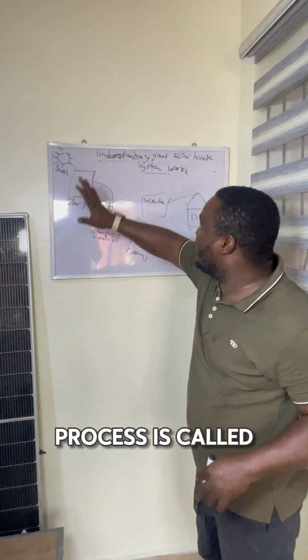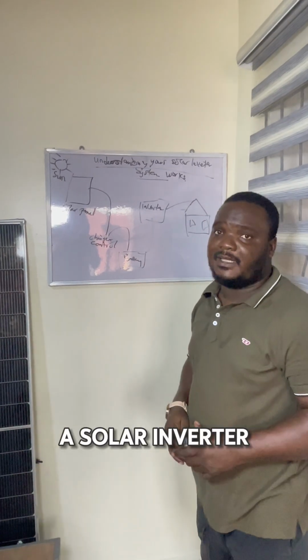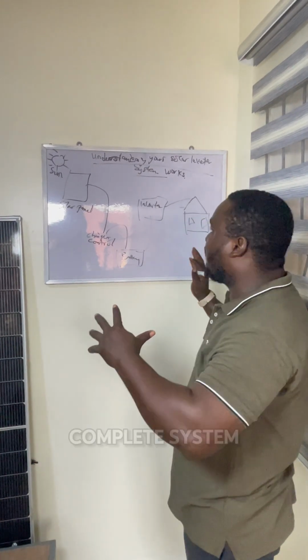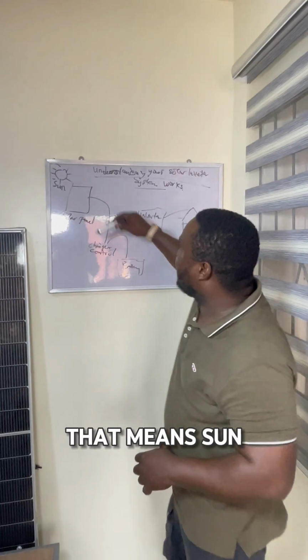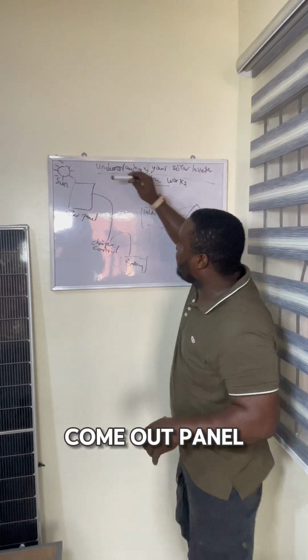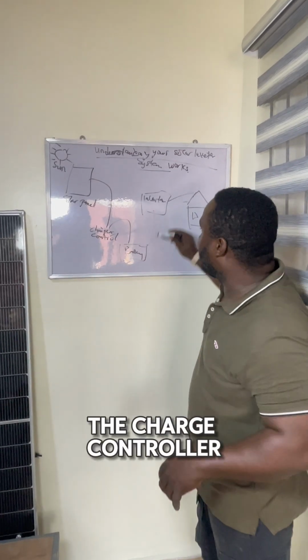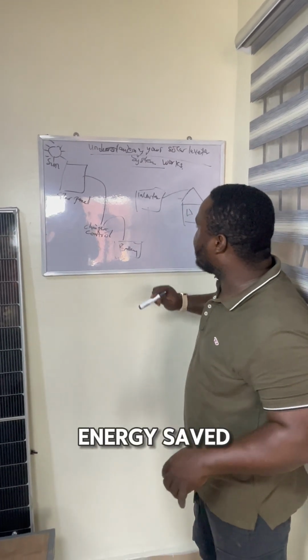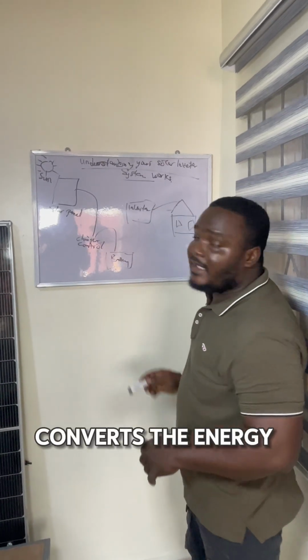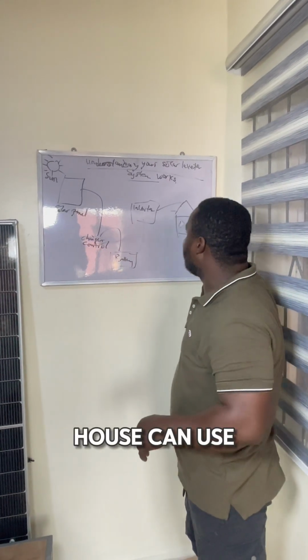So this whole process is called a solar inverter system because it's a complete system. That means the sun comes out, the panel takes what you want, sends it to the battery through the charge controller, and the inverter takes the energy saved and converts it to what the house can use.